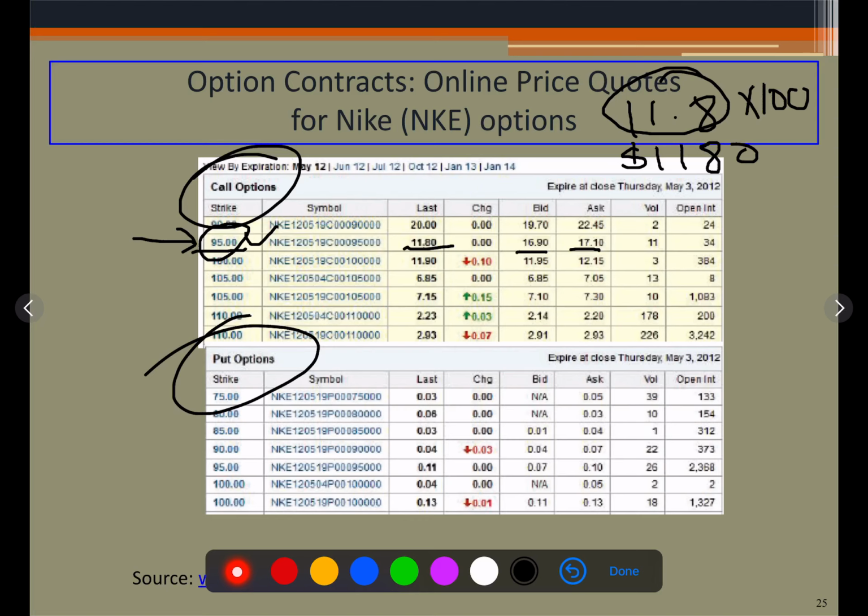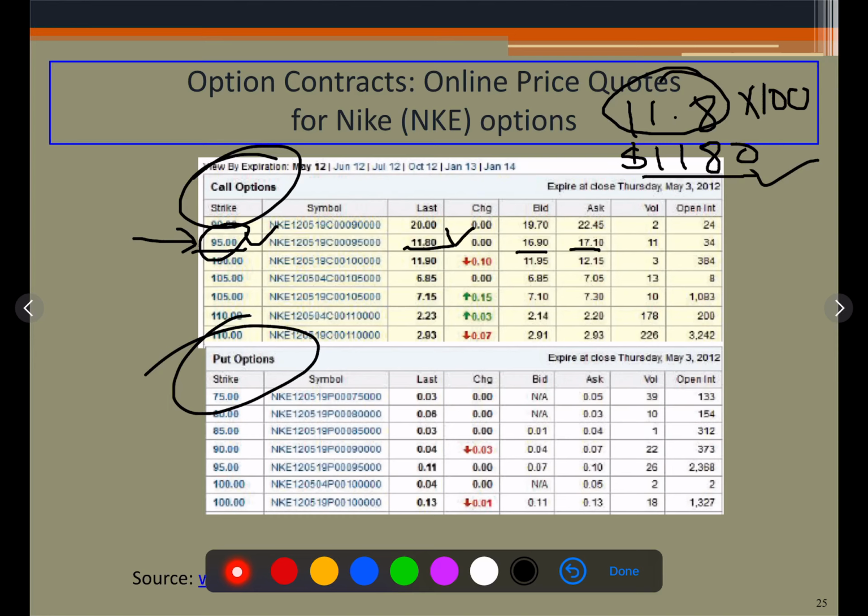So I needed to pay $1,180, 11.8 multiplied by 100, right? This was the last trade that happened at this premium. But the current charges can be different, because new information might have been floated. So the last price does not mean that we will still be able to buy the call option contract at the same premium. It might have changed.